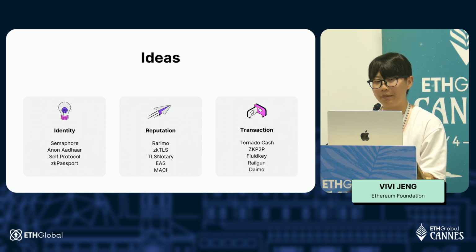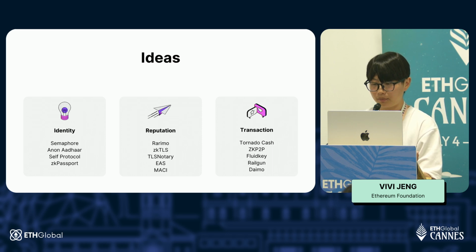Although some of them have their mobile native app, we can improve features on their app. And also reputations like Rarimo, ZK TLS, TLSNotary, and Messi, because they already have their circuits, so you don't have to worry about writing your own circuit again. You just need to build a front end to interact with the circuit.